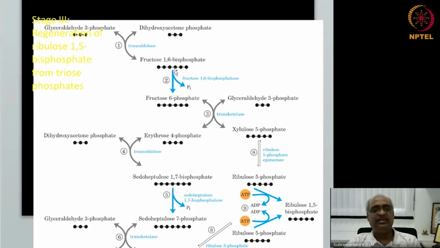This is an irreversible reaction, strongly exergonic due to the hydrolysis of the phosphate group, and therefore it goes only in this direction. Then from here, this is a keto group, and 2 carbons above the keto group are transferred to an aldose.